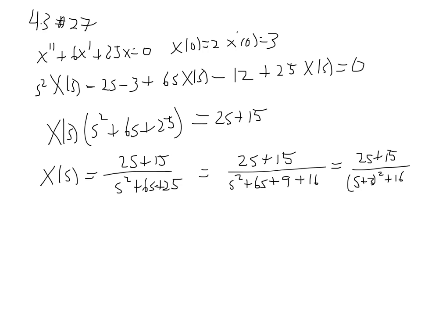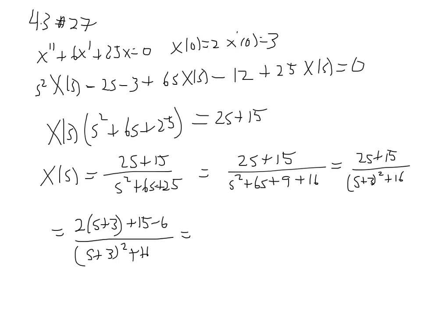So since I have that s plus 3 on bottom, I need s plus 3 on top. So that's going to be 2 times s plus 3 plus 15 minus 6. Again, same deal. The plus 3 is inside, so I did 2 times 3, which is 6. And then we're going to have s plus 3 squared plus 16.